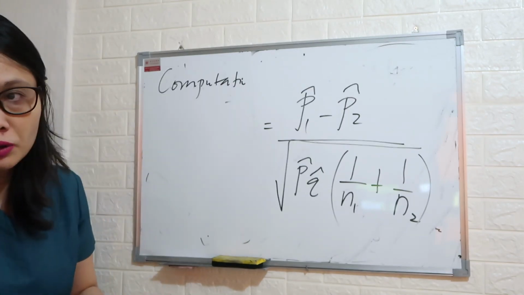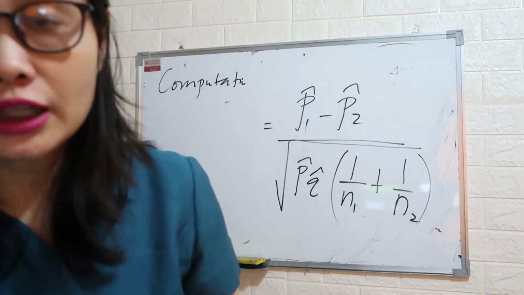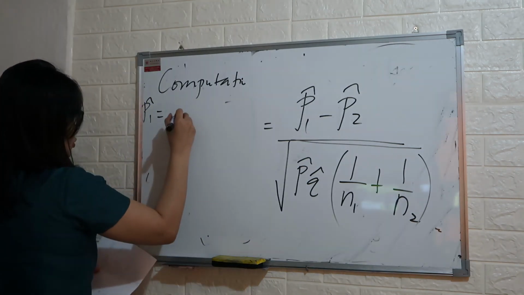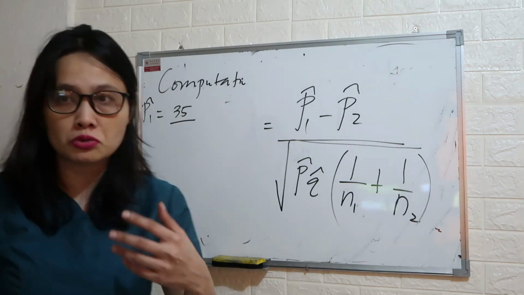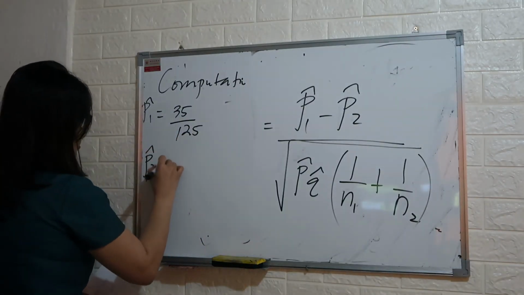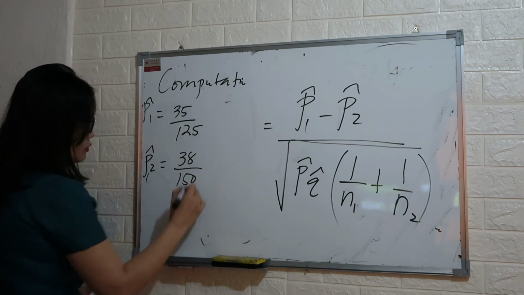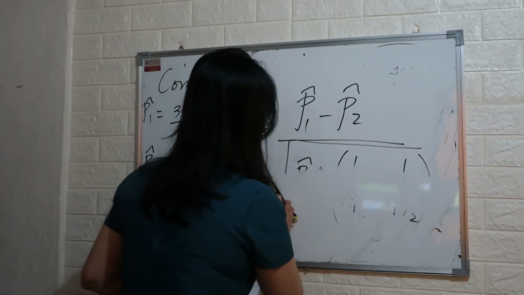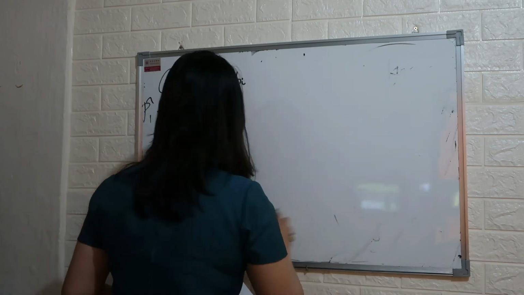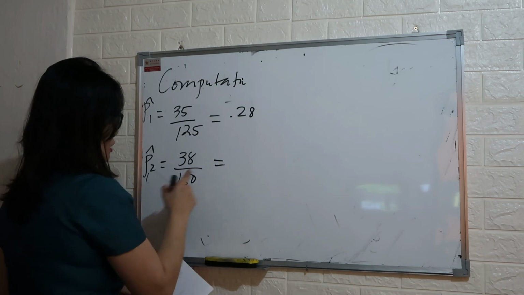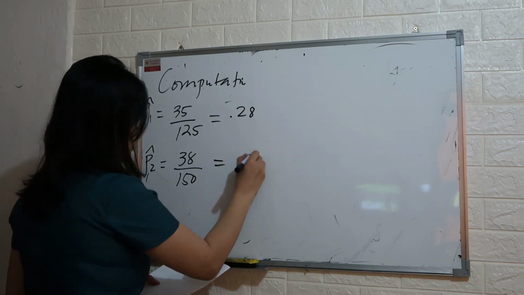So your P hat sub 1 will be 35 out of 125, because there are 35 who read the nutrition level out of 125. Your P hat sub 2, there are 38 out of 150 who read the nutrition level. So 35 over 125, you have 0.28, and 38 over 150, you got 0.25.